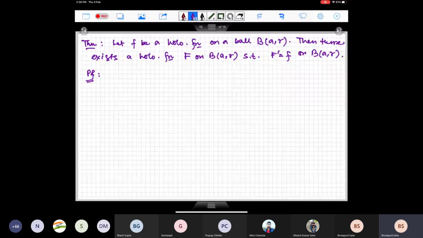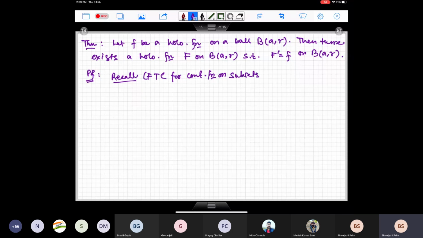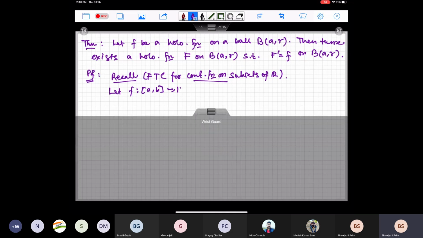Recall, this is the fundamental theorem of calculus for continuous functions on R, or on subsets of R. So what is that? I am going to work with these kinds of subsets. Let f from the closed interval [a, b] to R be a continuous function.